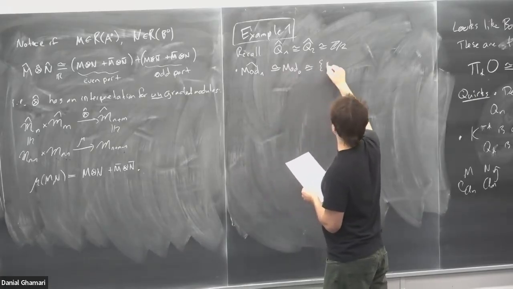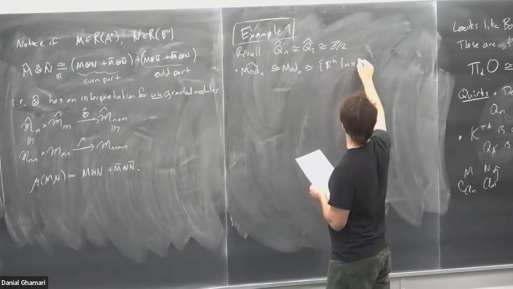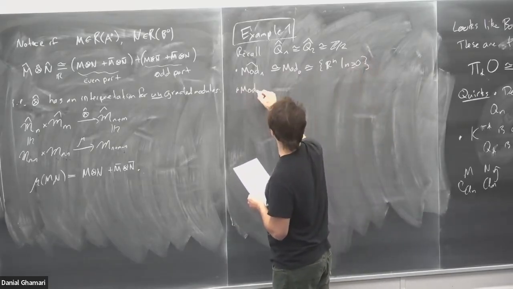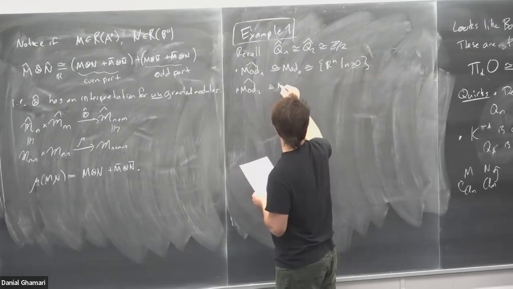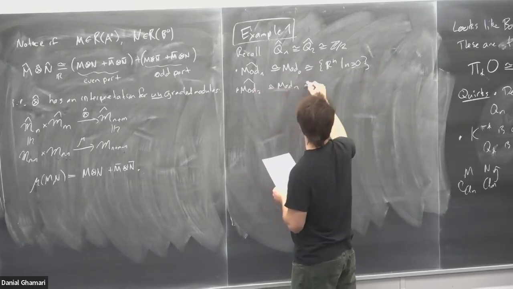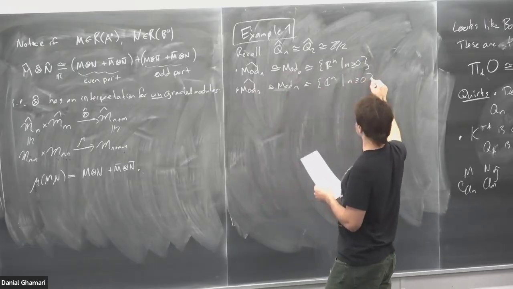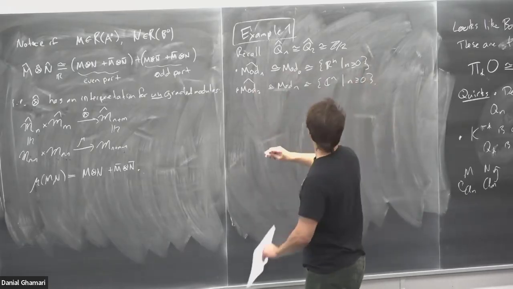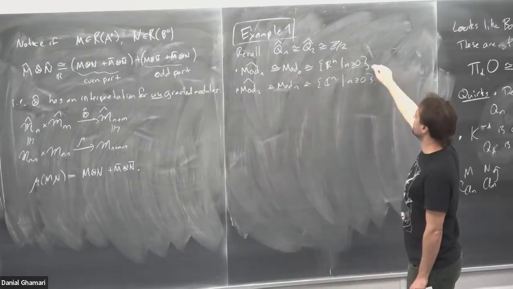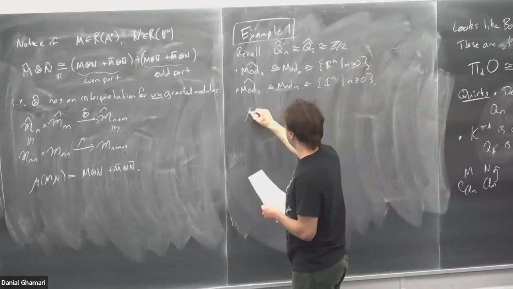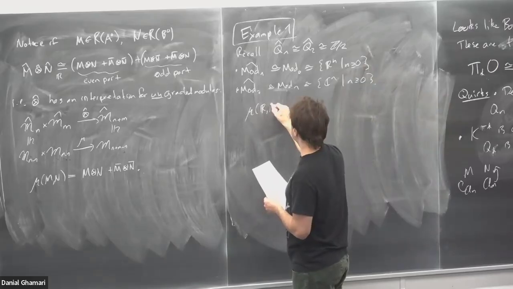These are just real vectors. Mod 2 ungraded mod 1. Okay, so let's take the irreducible representation with the real line. Let's multiply it with itself.